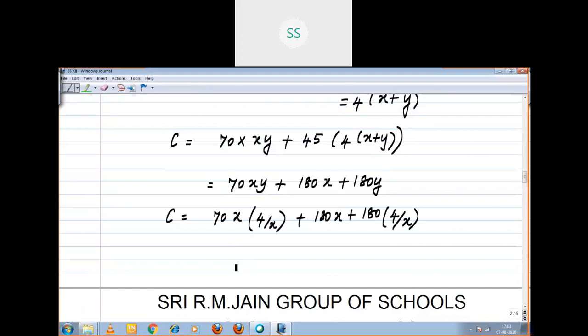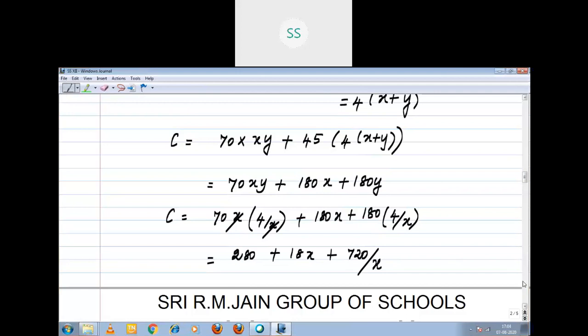Now x cancels, so 280 plus 180x plus 720 divided by x.